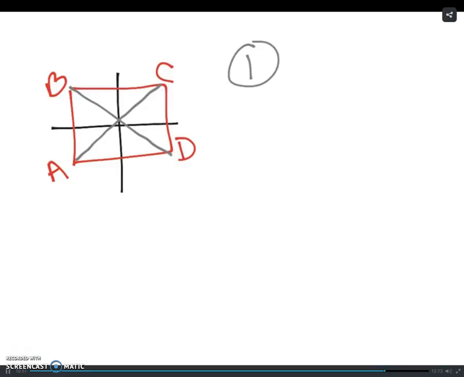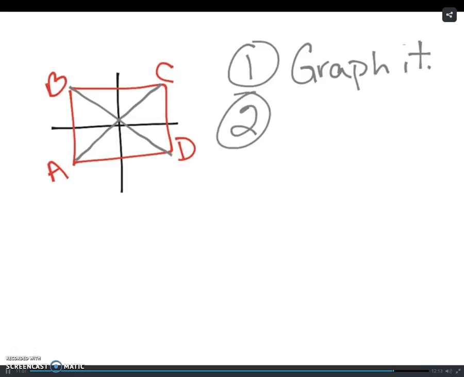Number 1 is to graph it, so that you find where the diagonals intersect and don't accidentally use the wrong coordinates for one of the sides.